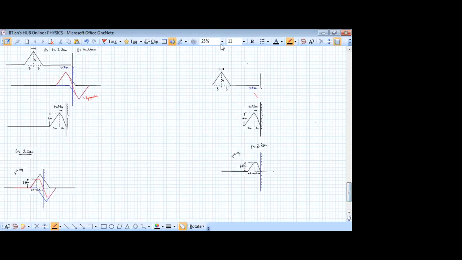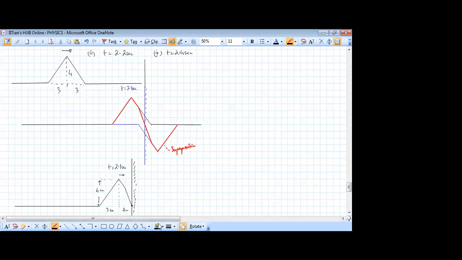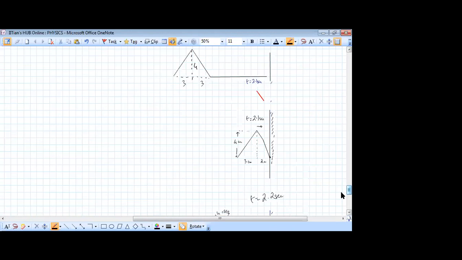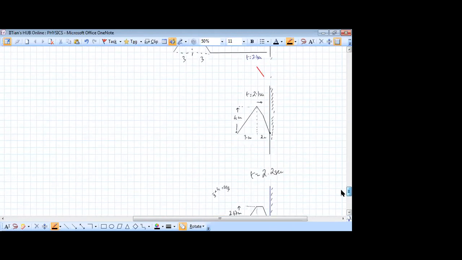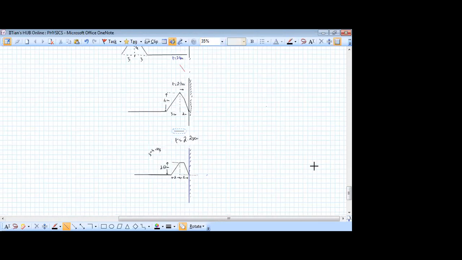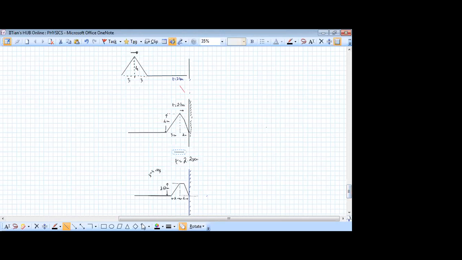Okay, so this is the progression of events now. This is how the shape of the pulse is changing.